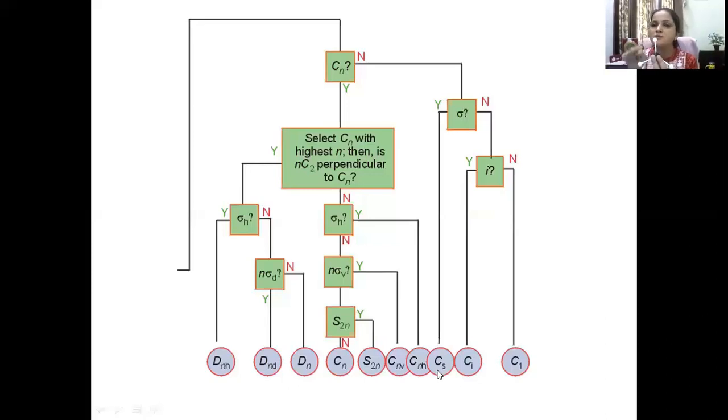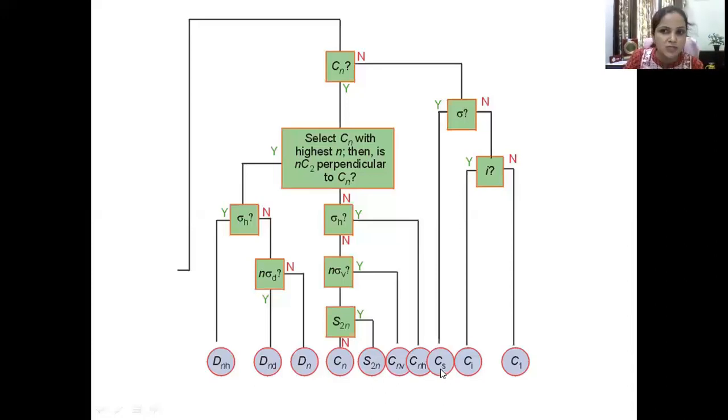Now all the atoms are different, so there cannot be any rotation axis. The only possibility is the mirror plane. If only a mirror plane is present in the molecule, then the point group is Cs. Cs means there is no rotation axis, but only one mirror plane.